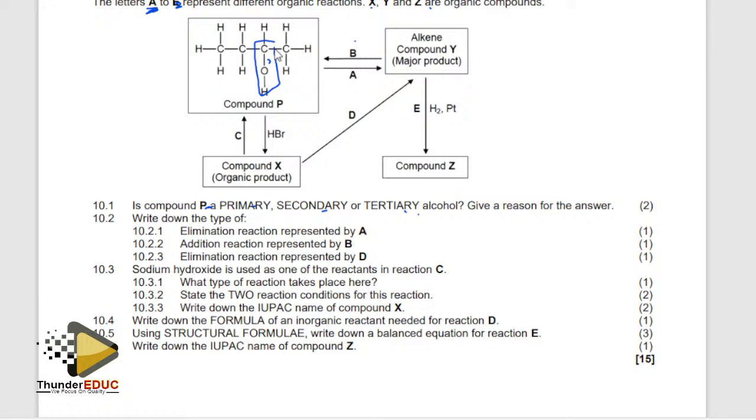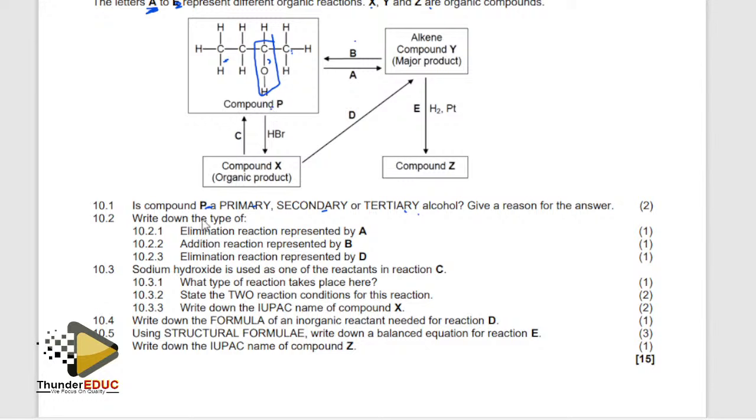How many carbon atoms are attached? It's 2 carbon atoms. Therefore, it's secondary. If it is 2, it means secondary. Your primary level is the first one, it means 1 carbon atom attached to the carbon atom with the functional group. So automatically it is a secondary alcohol.